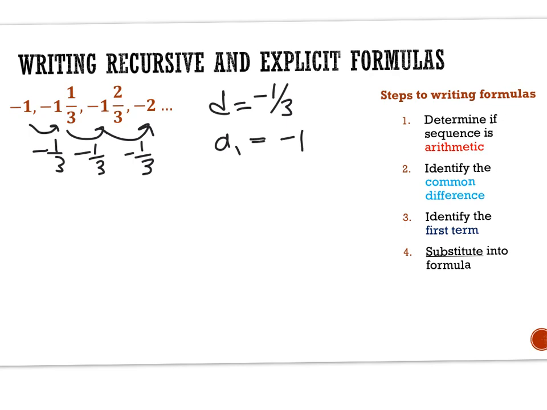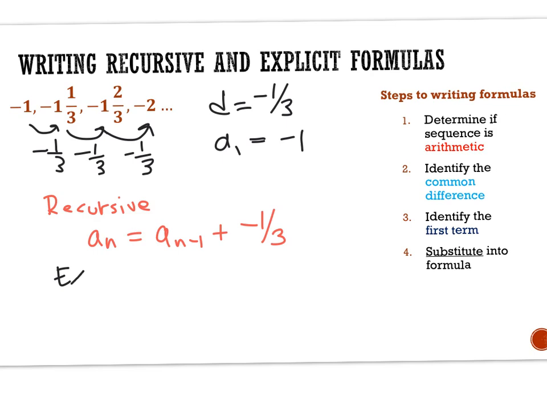And so if I was to write my two formulas, my recursive would simply be a sub n equals, and then I look at a sub n minus 1, so you have to tell me my previous term first, and then plus my common difference of negative 1/3.